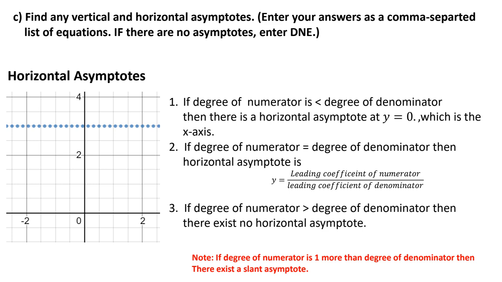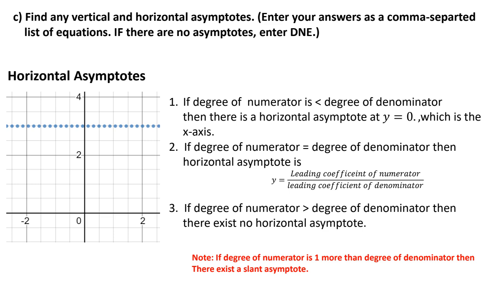The second case, we have a ratio. It says that if the degree of the numerator is equal to the degree of the denominator, then we have a horizontal asymptote of this ratio, which we get by dividing the leading coefficient of the numerator by the leading coefficient of the denominator.